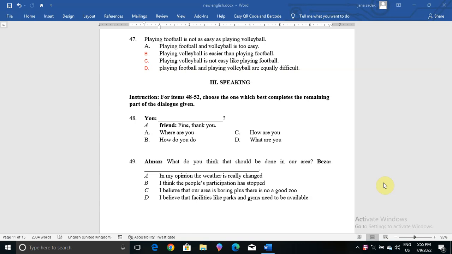First of all, where are you is asking about where, the place. Where are you? I am shopping now, or I am at home. So it's talking about the place or about the time. It would be better, the place. Where are you? But here the answer says fine, thank you.